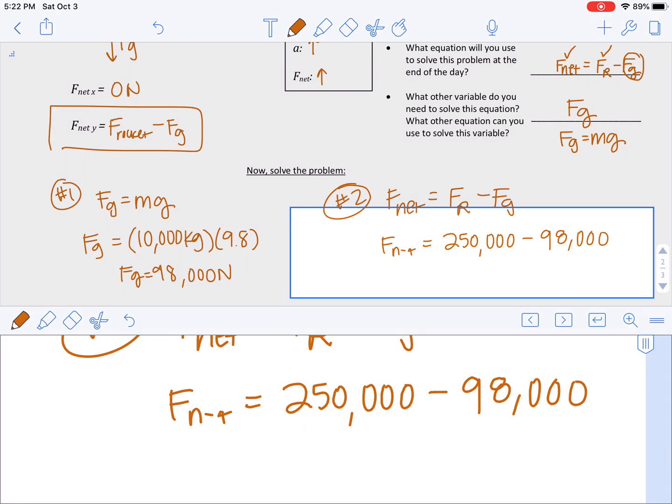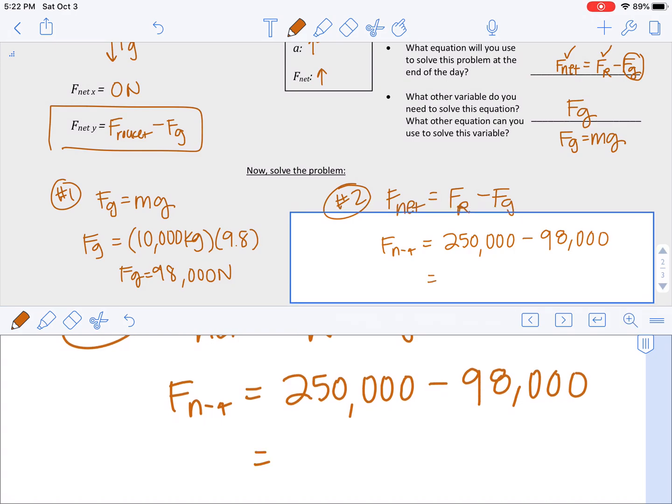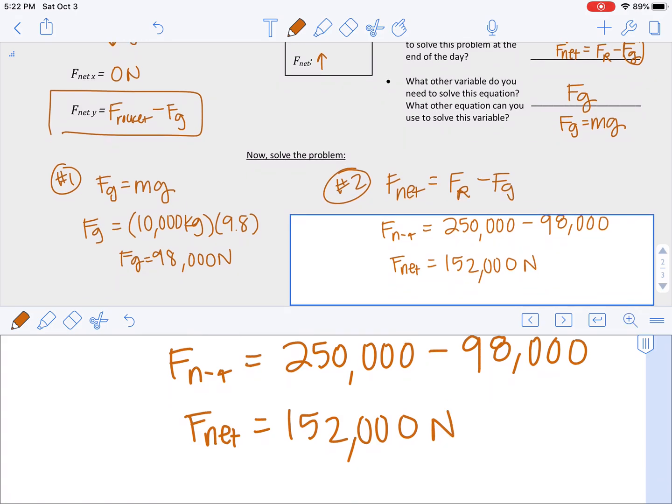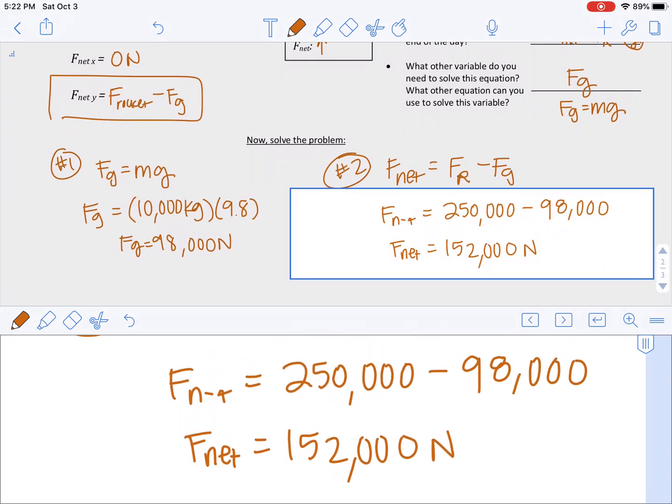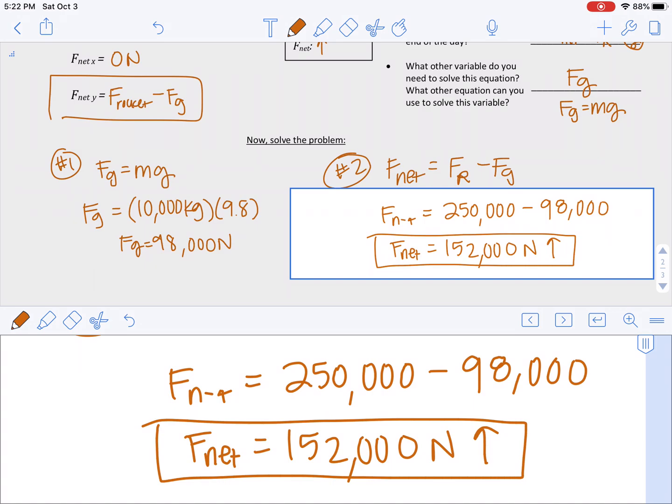I plug it into my calculator, and I get 152,000 newtons. Make sure you put that unit on your answer. And then what direction is this net force? I already wrote it right here, but we can tell because that rocket force is a lot bigger than my force of gravity.